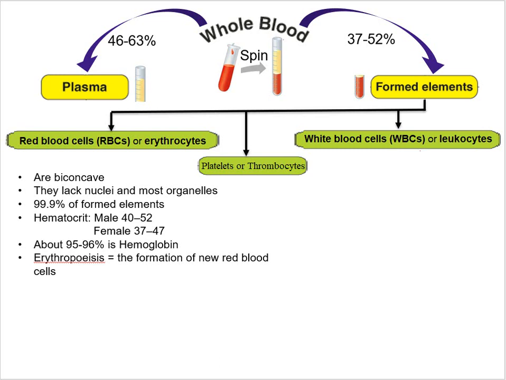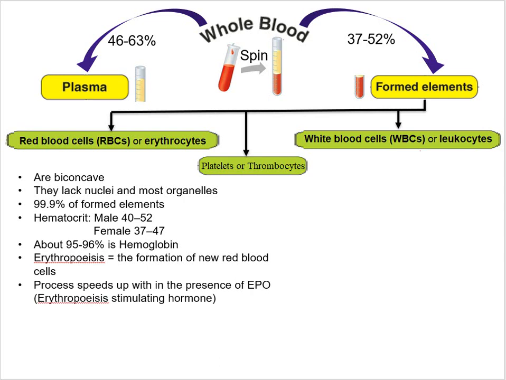Erythropoiesis is the process by which new red blood cells are formed, and what stimulates this process is a hormone called erythropoiesis stimulating hormone, or EPO. EPO increases when the level of red blood cells drops. So a low level of red blood cells means you have more erythropoiesis and you produce more.